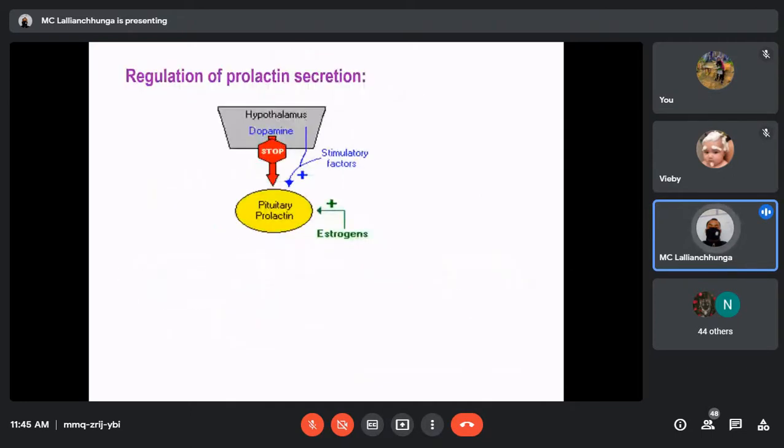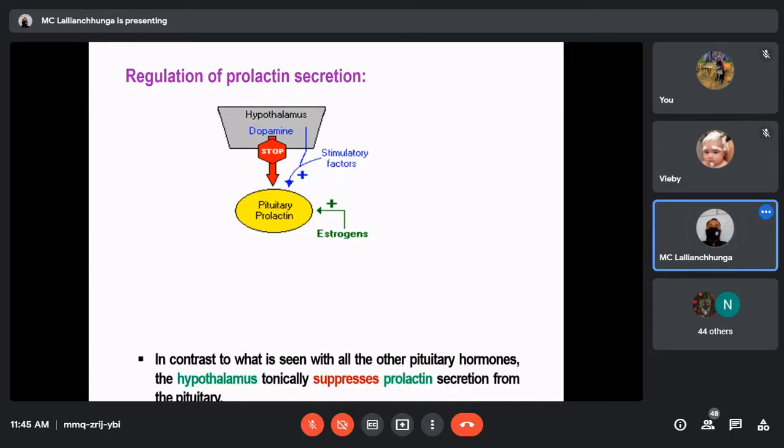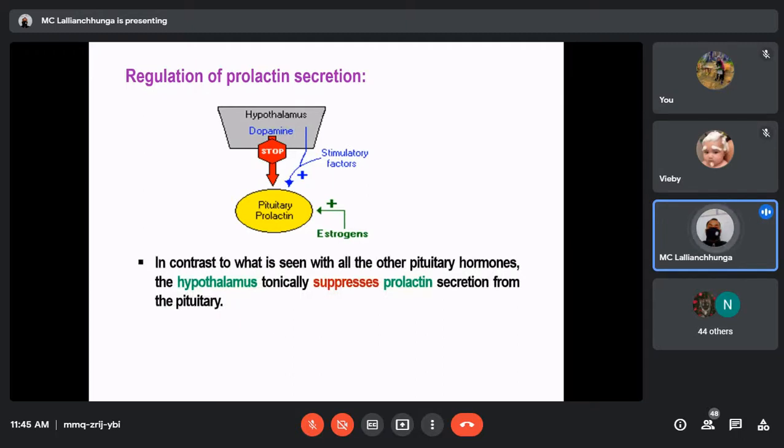The regulation of prolactin secretion is somewhat different from that of other hormones. It is not like a negative feedback mechanism. In contrast to all the other pituitary hormones, the hypothalamus chronically suppresses prolactin secretion from the pituitary. We have already discussed the hypothalamic hormone dopamine.